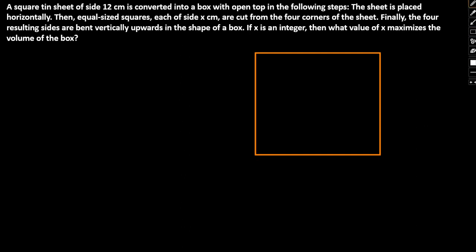Suppose this square is cut, this square is cut, this square is cut, and again here this square is cut. All these squares are equal size, and the size of each square is x by x centimeter. This entire length is 12.